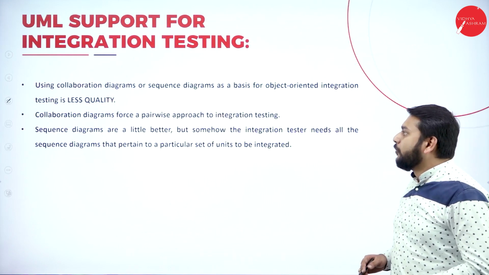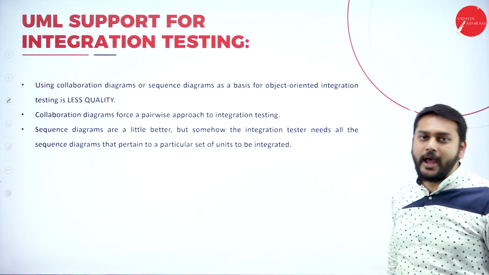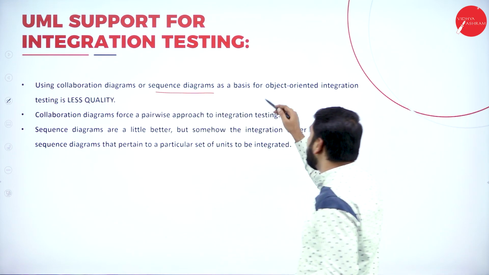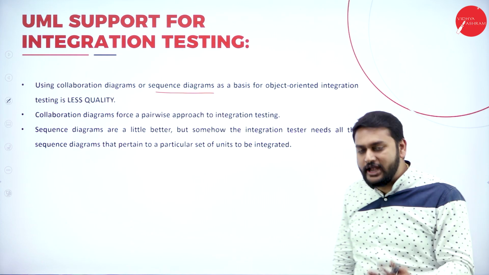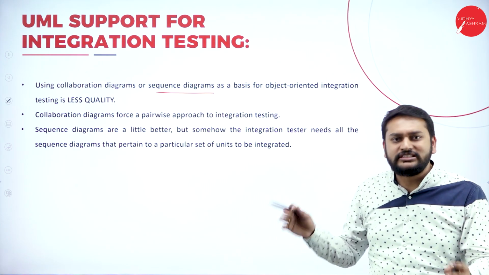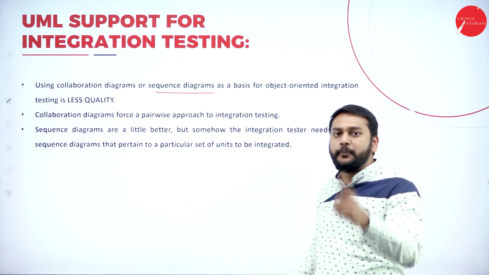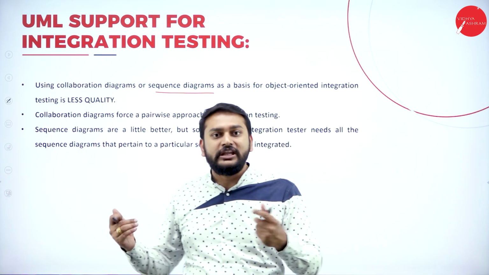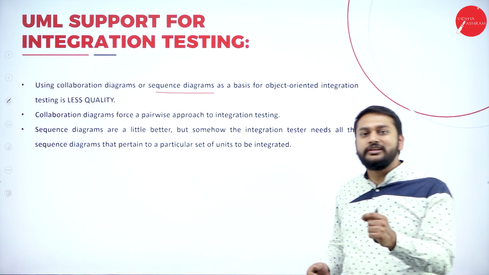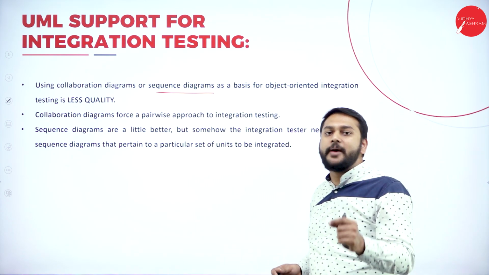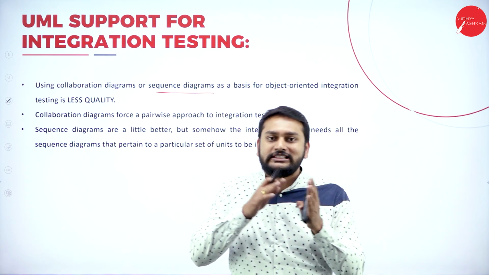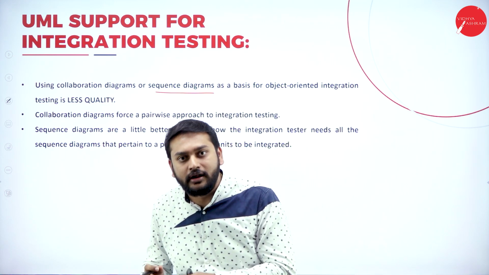Moving forward, using the collaboration diagram or the sequence diagram as a foundation for object-oriented testing leads to lesser quality. That is one of the important drawbacks that we need to understand. I repeat my point. The sequence diagram will tell you the sequence, what exactly the next event is going to be.